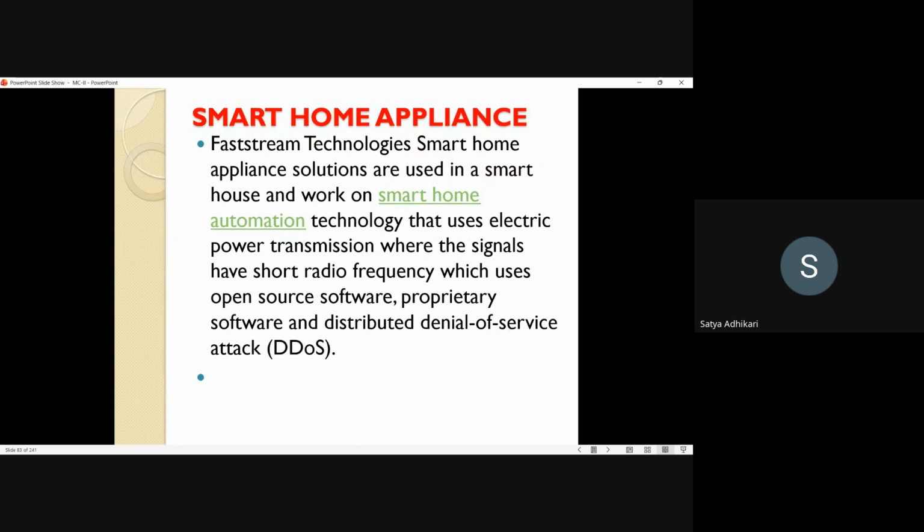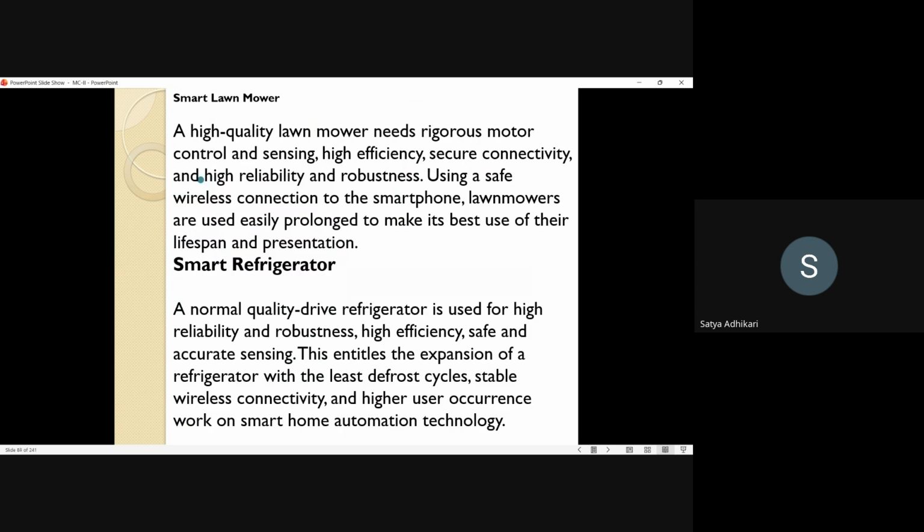Smart home appliances. We are using some appliances in our homes nowadays that are smart in nature. Smart in nature means there are sensors used in them. They work automatically, with no human interference. A smart lawn mower. You may have seen it on TV or physically.